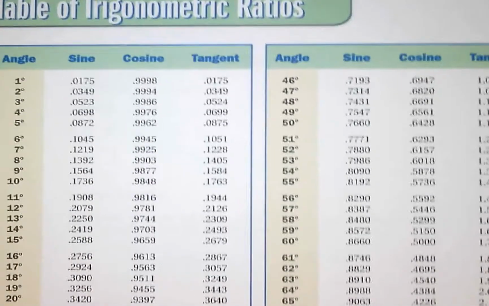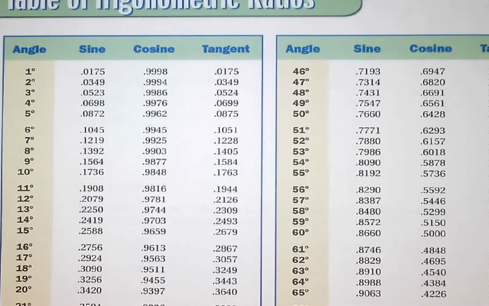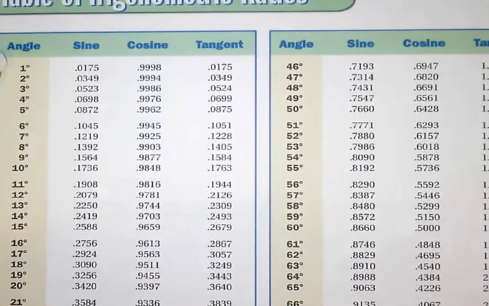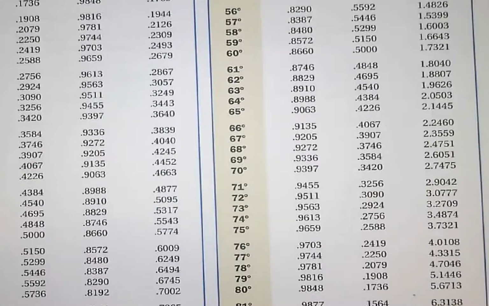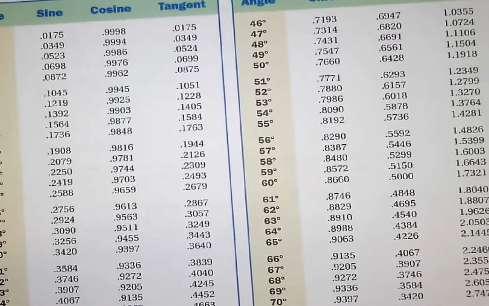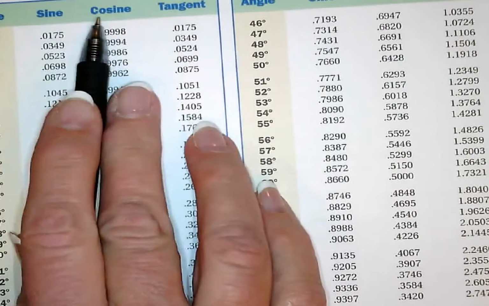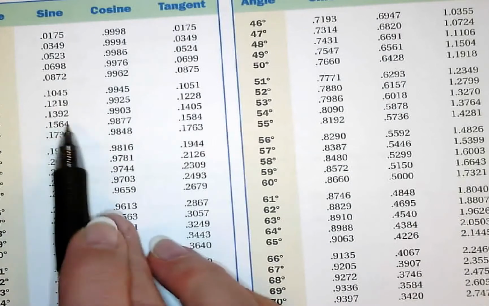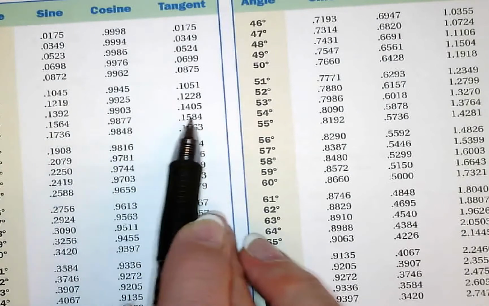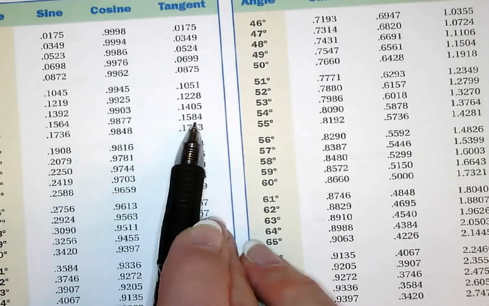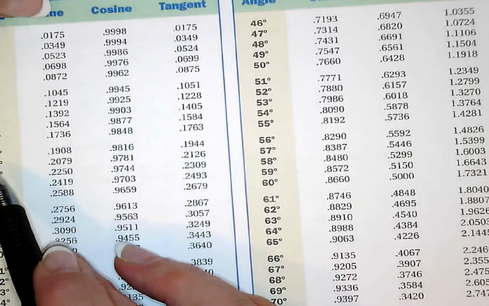You'll each get a copy of this, but you can see it's divided into the columns of, here's the angles we're going to be looking at, all the way through 89 down here at the bottom. And then we have our three categories of sine, cosine, and tangent. So each one of these angles has a different decimal or a different ratio based on the sine, cosine, or tangent, and based on that angle.